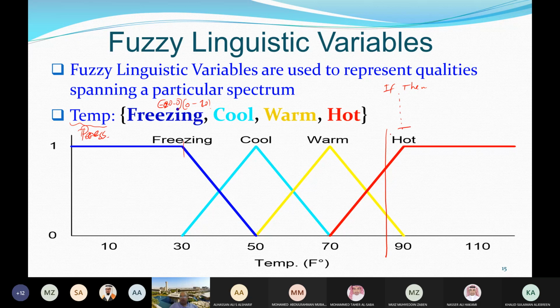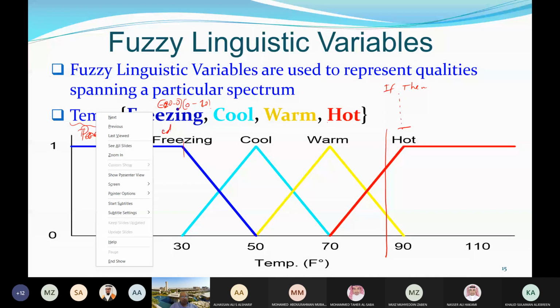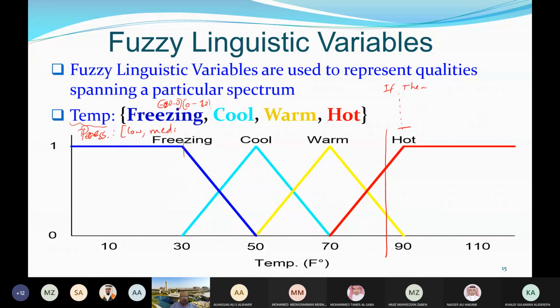So you have here, say, 4 values for temperature, and if we have another variable, pressure, which has, for example, low, medium, and high, so 3 values. So we have 4 values here, and this linguistic variable takes 3 values.